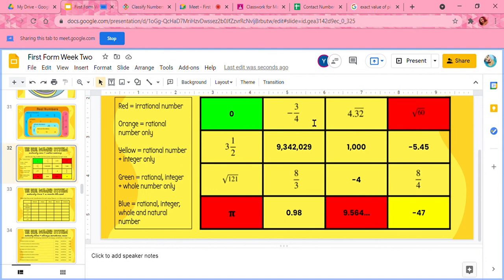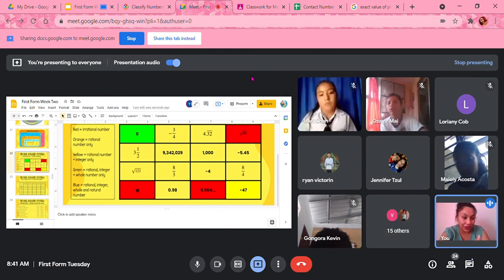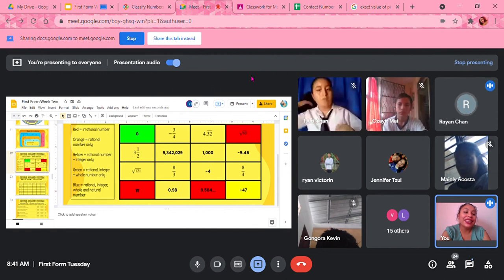Integer. Mm, it is an integer, but remember that integers are only whole numbers, positive and negative. This is a fraction. This is a negative fraction. What is a negative fraction?